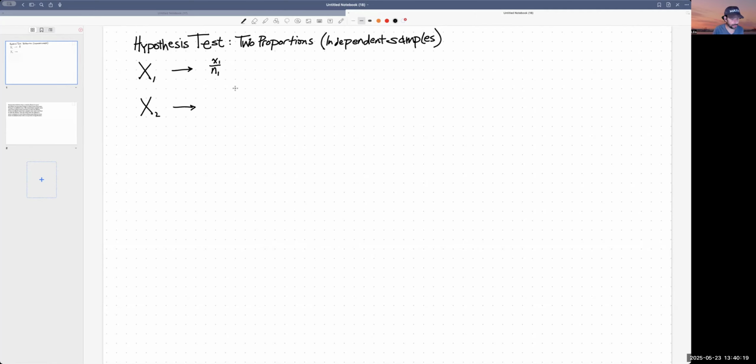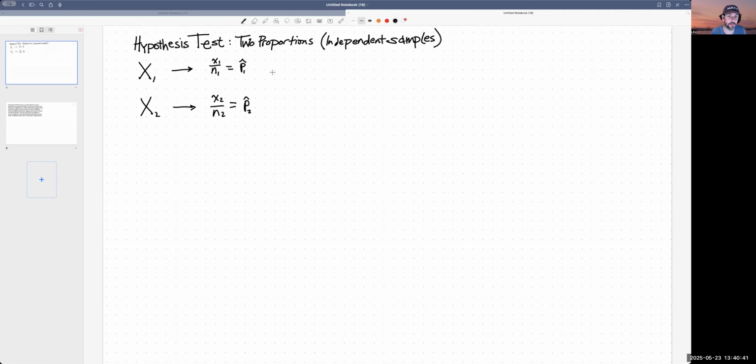This is the sample proportion, which we can label as p hat 1. You can do the same thing with the other population: the number of successes divided by the sample size, where success is just whatever thing you're interested in.